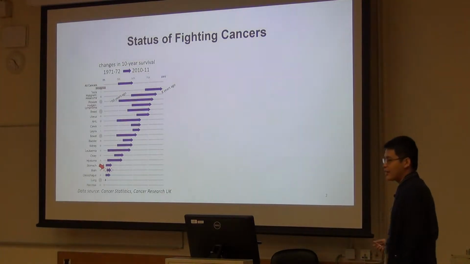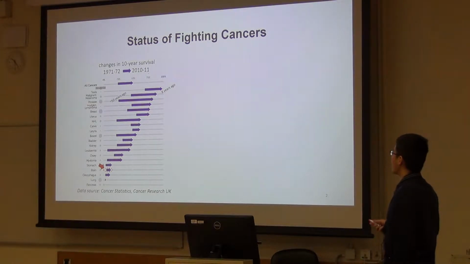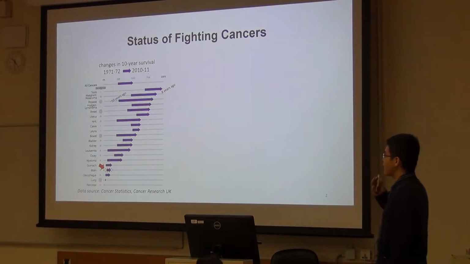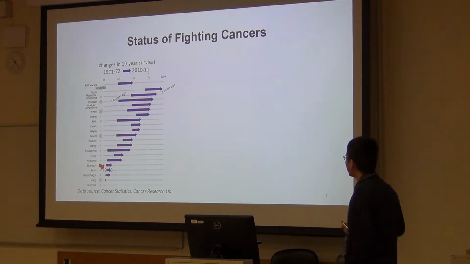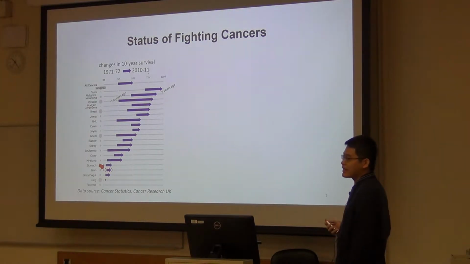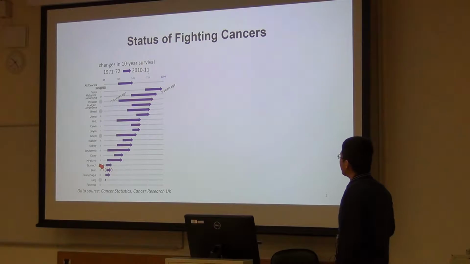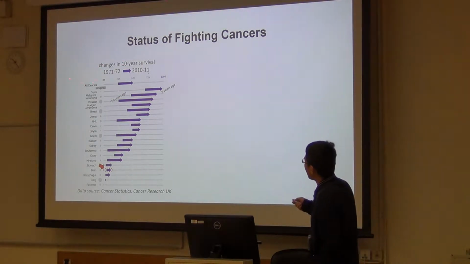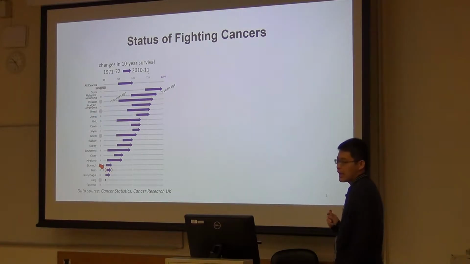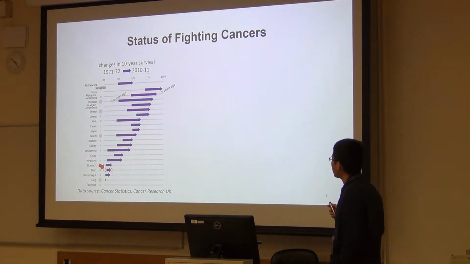To start about cancer genomics, I would like to talk a little bit about the status of human beings fighting cancer. As we know, cancer is a deadly disease. In the 1970s, you see this graph, the x-axis is the survival rate 10 years after diagnosis of cancer, for different types of cancers.